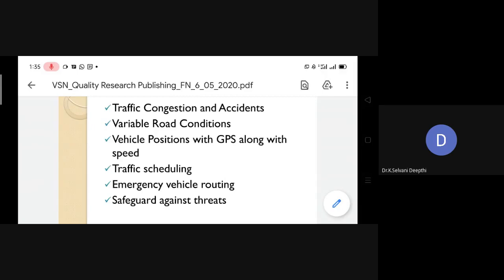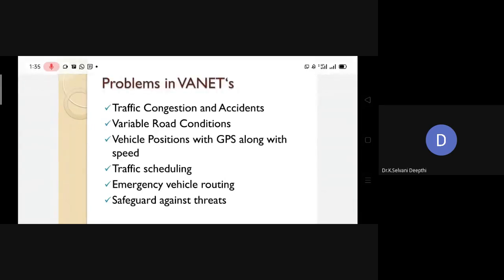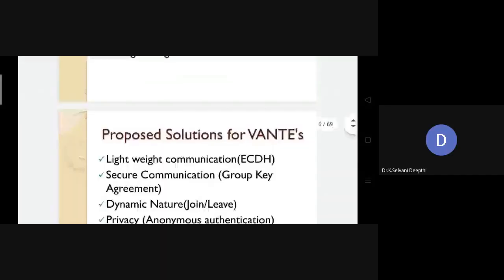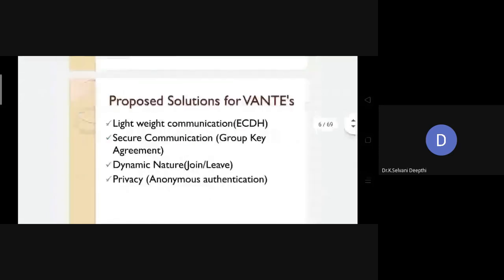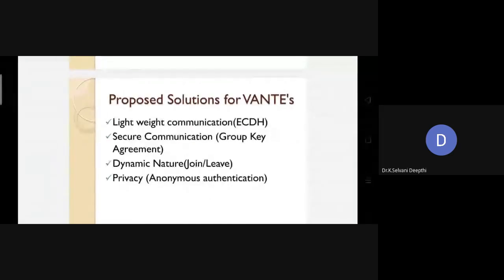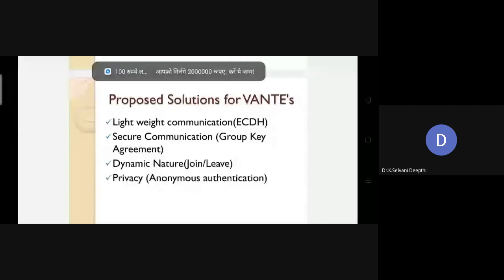So what I am speaking about is the importance of communication between vehicles, so that we can eliminate those accidents, save time, and also save lives. And safeguard against threats also. So what are the proposed solutions? First, I discussed various problems in VANETs.